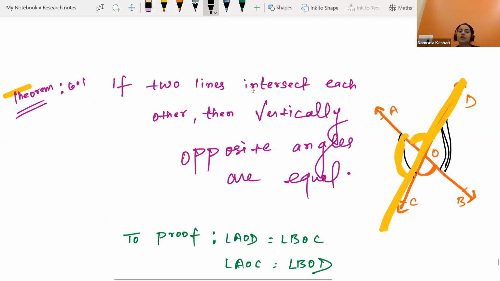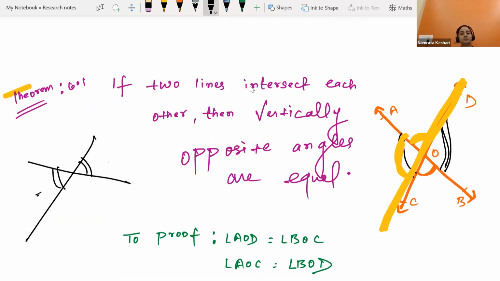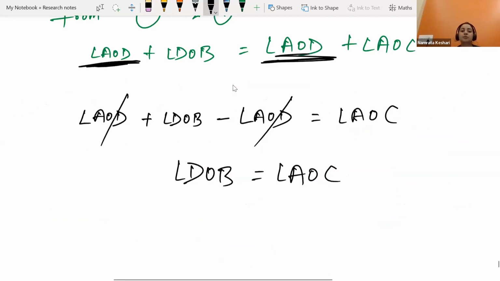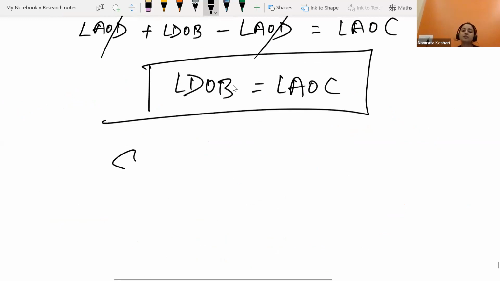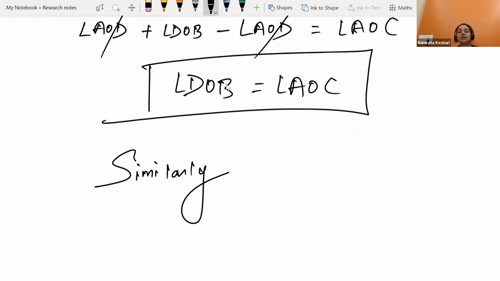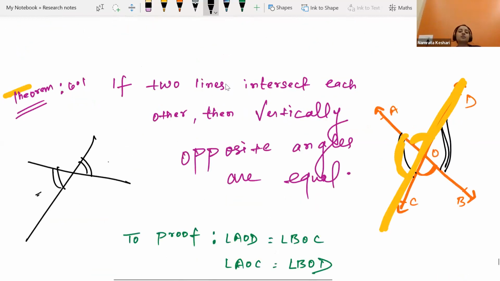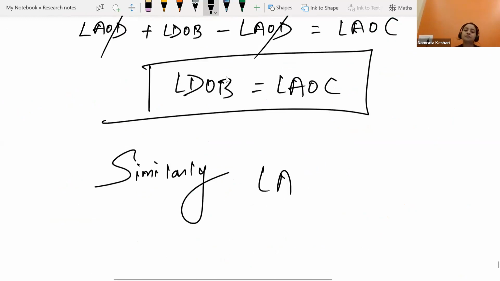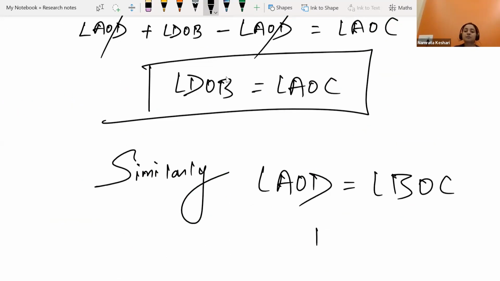We have proved that these two are vertically opposite angles and are equal with each other. Yes or no? Yes, ma'am. Similarly, we can write the other one also: angle AOD is equal to angle BOC, right? Hence proved.